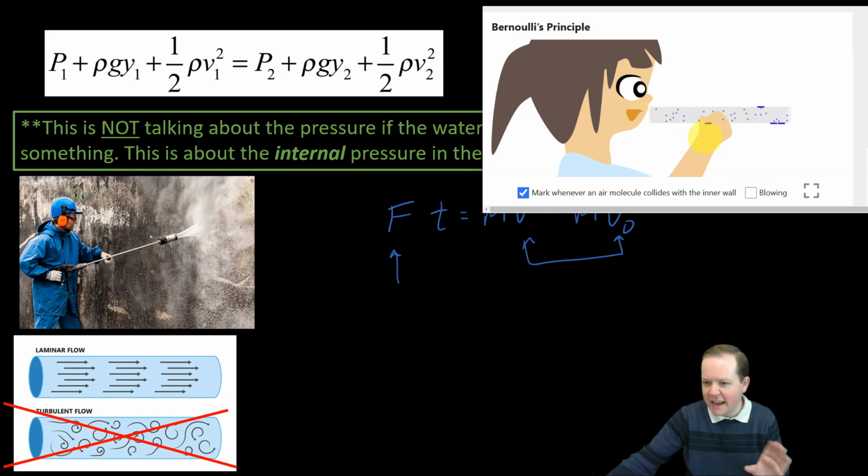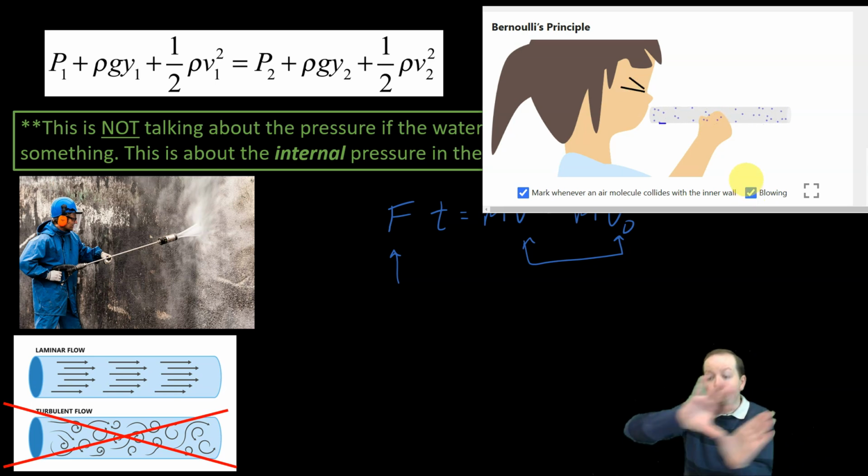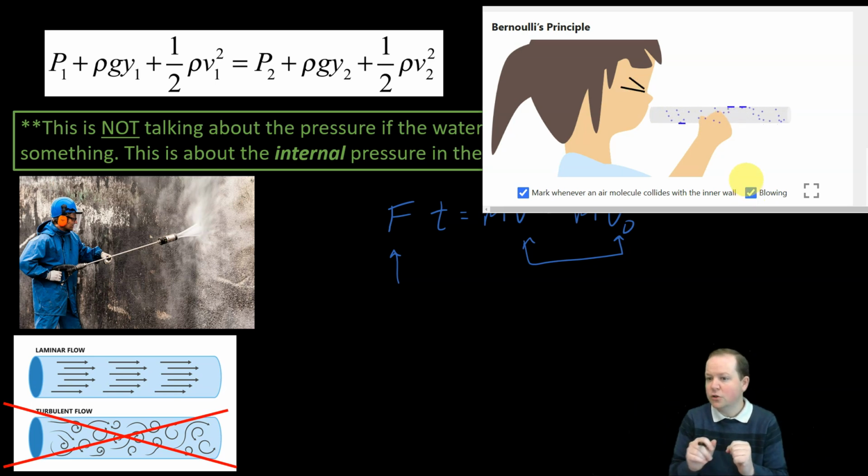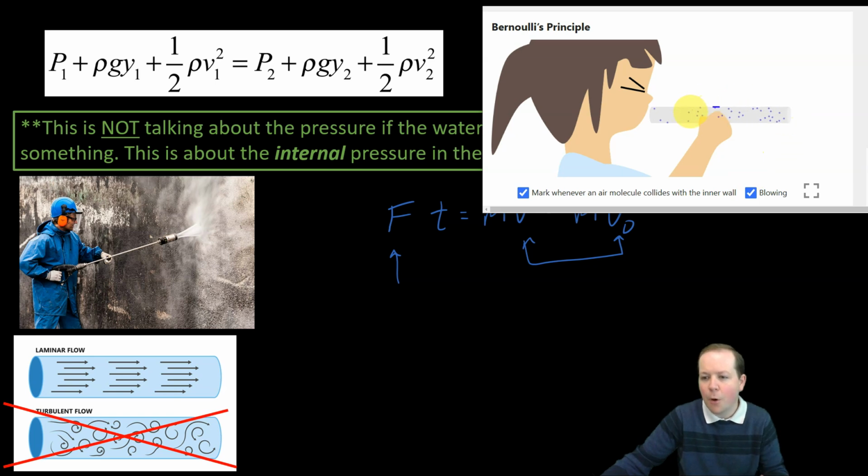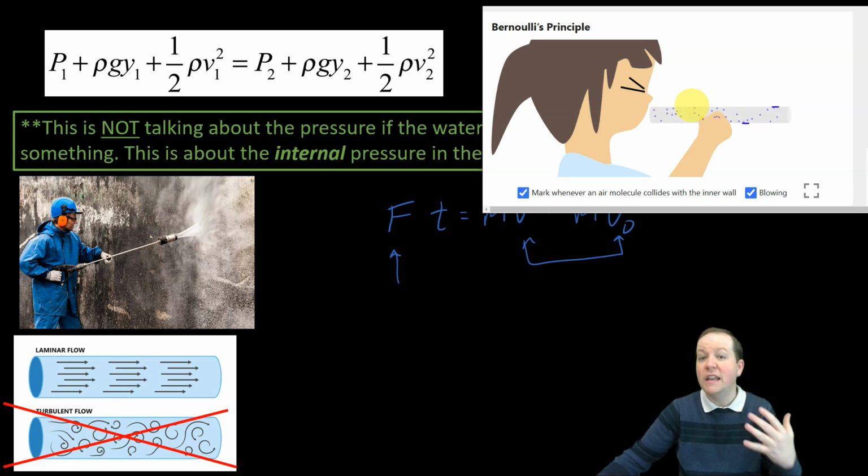It's kind of qualitative, but notice when they're not pushing air across the pipe, there's a lot of these bouncing rectangular lines, a lot of collisions, a lot more pressure. But when they're pushing the air in one particular direction, it's now like the air particles are more likely to go this way, not slamming into the walls. The number of collisions is going down, and therefore the pressure is going down.